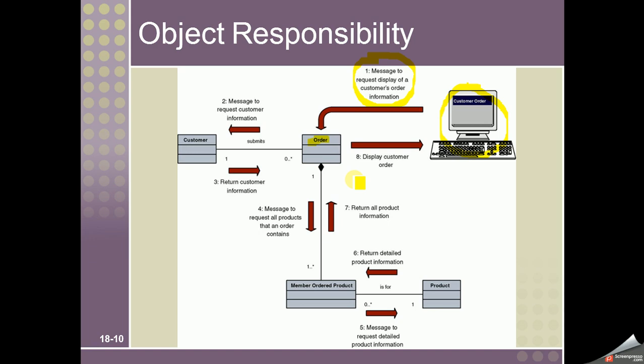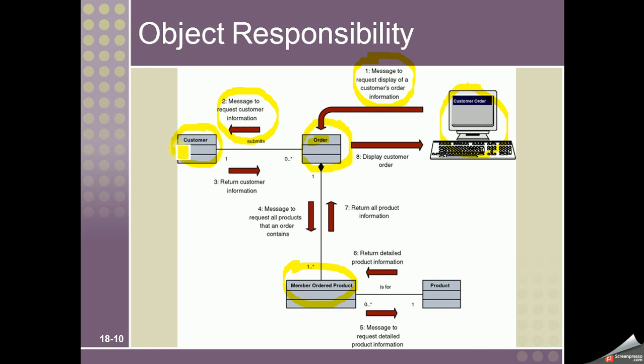The products that have been ordered by the customer. So now this object needs to collaborate with two other objects, the customer object and the member ordered products object, to get the customer information. So it sends a message to get customer information.